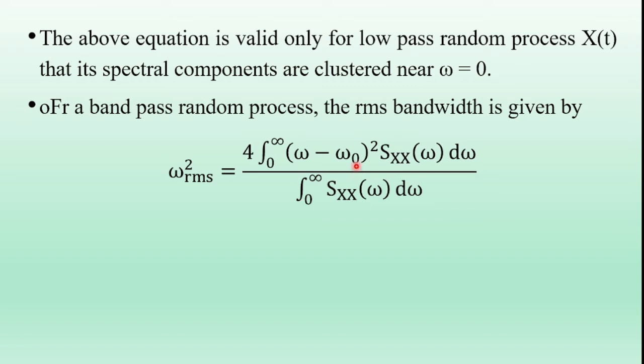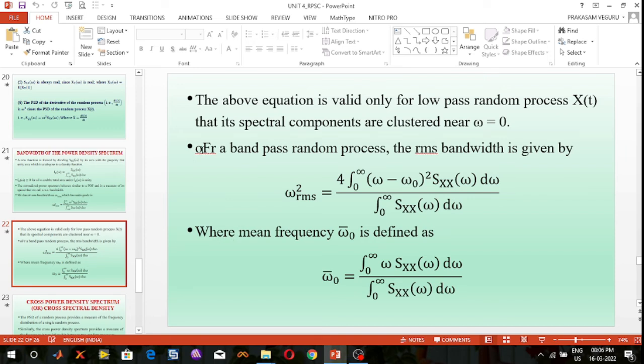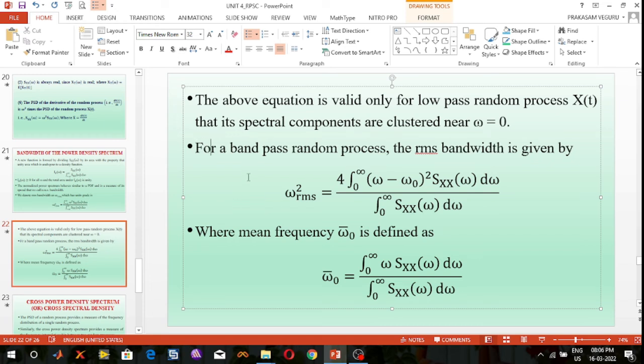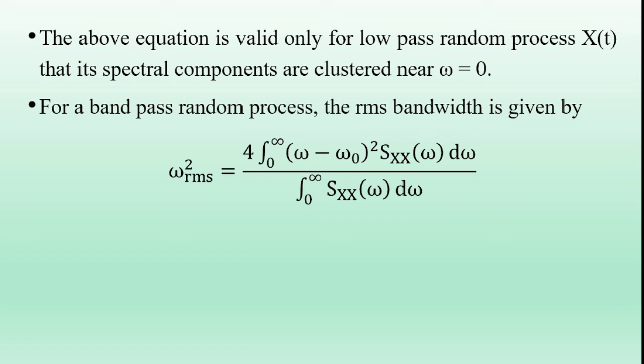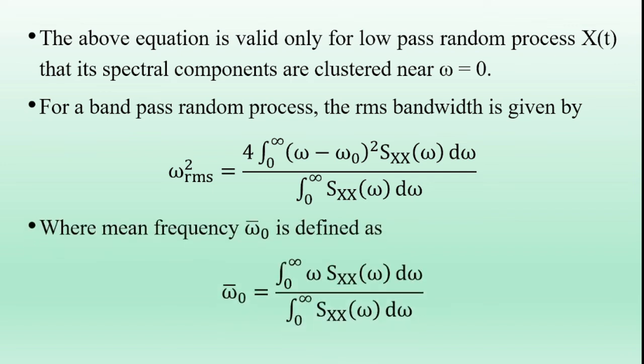For a band pass random process, the RMS bandwidth is given by omega square RMS is equal to 4 into integral 0 to infinity of (omega minus omega naught) whole square into Sxx of omega d omega divided by integral 0 to infinity Sxx of omega d omega, where mean frequency omega naught bar is defined as omega naught bar is equal to integral 0 to infinity omega into Sxx of omega d omega divided by integral 0 to infinity Sxx of omega d omega.